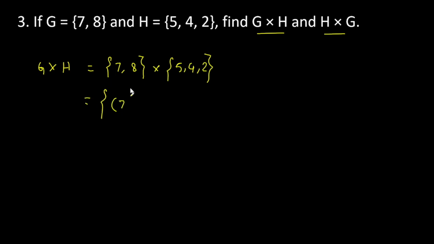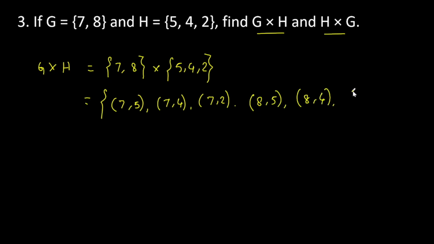Paired: (7, 5), (7, 4), (7, 2), (8, 5), (8, 4), (8, 2). These are the elements of G cross H.